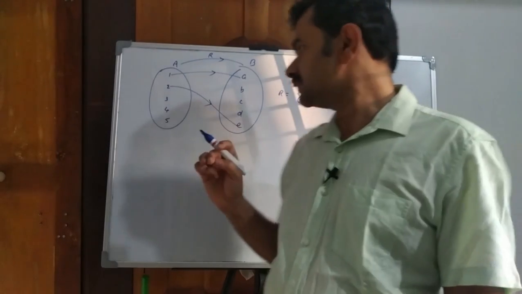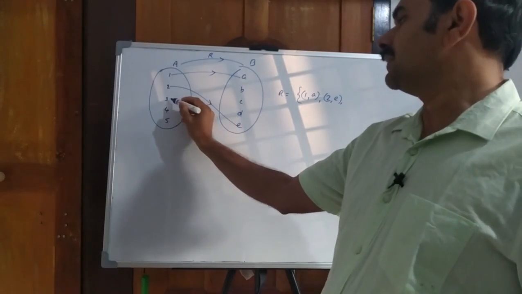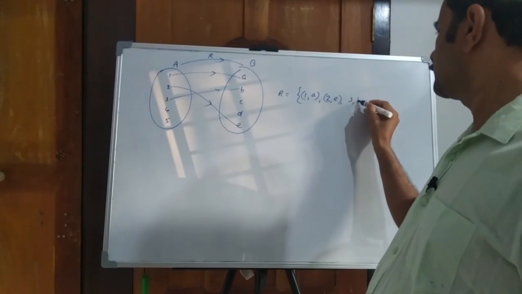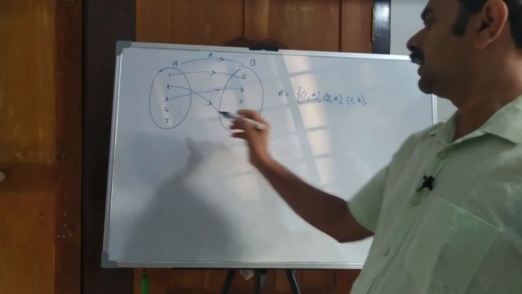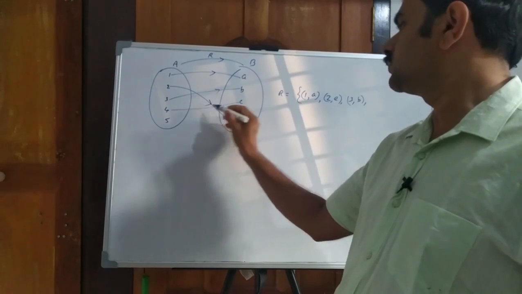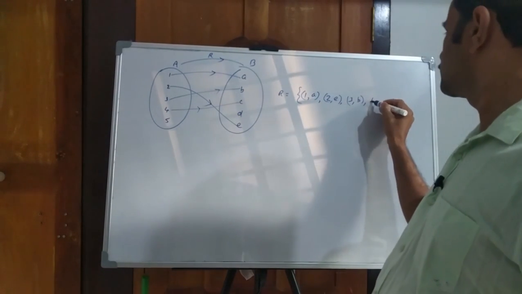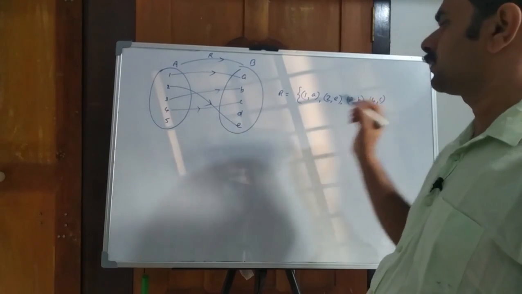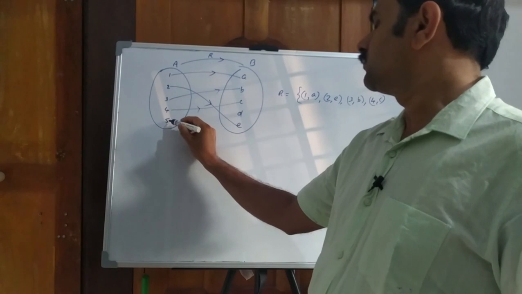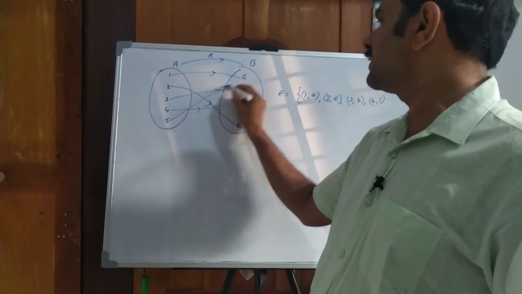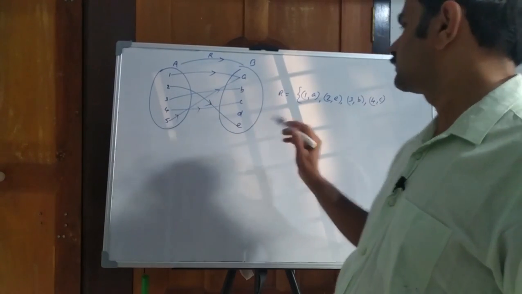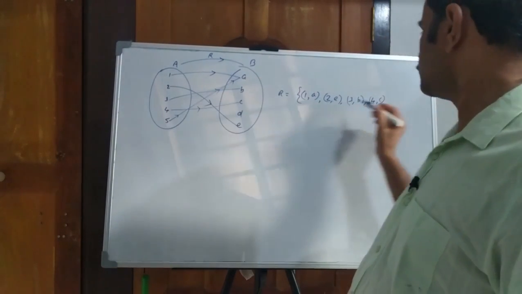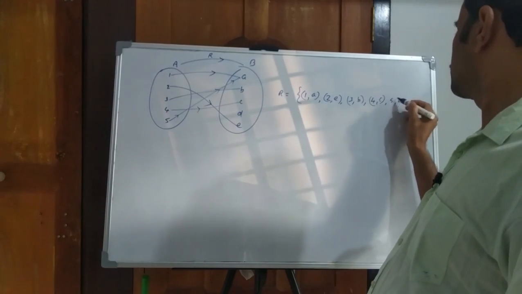These are our assumptions. And 3 is connected to B, that is 3B, 4 to C, that is 4C, and 5 again to A, that is 5A.